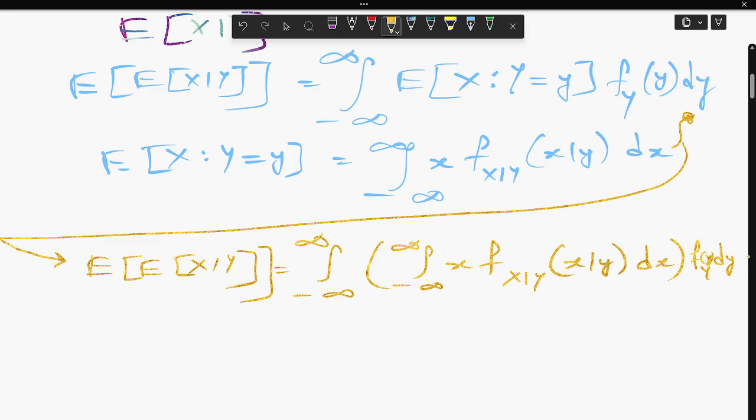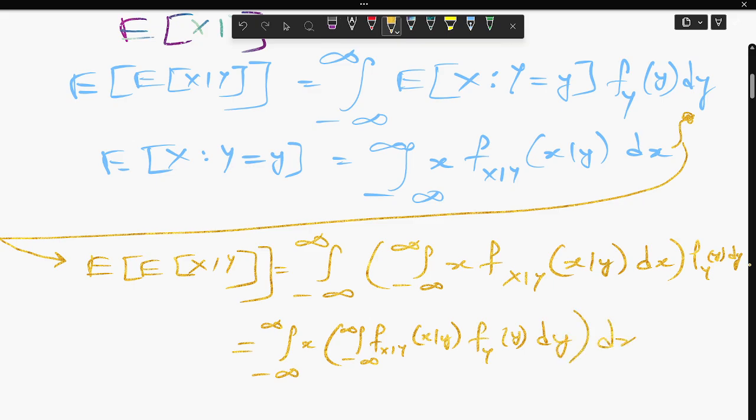Okay, so what can be done here? Now we can take the x outside, so we will get the integral from minus infinity to infinity of x times the bracket, the integral of f(x given y) f_Y(y) dy, dx.